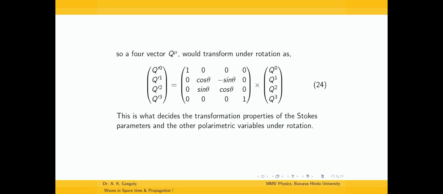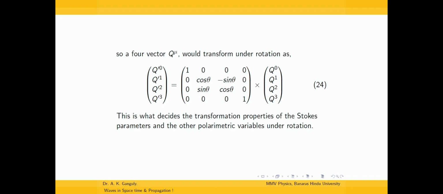So, what happens when a rotation like that takes place? It is simply, for a 4-dimensional system, the 1 and 2 elements are mixed among each other, leaving the 0th and the 3rd variables the same.